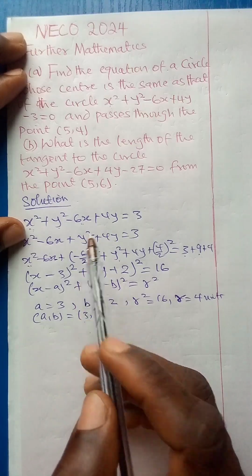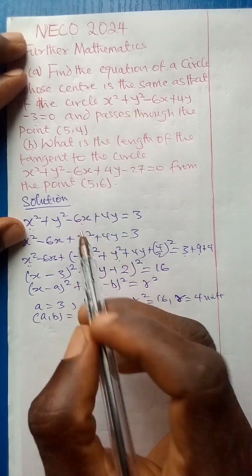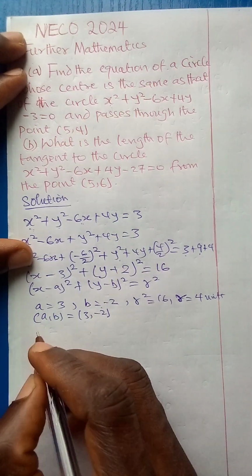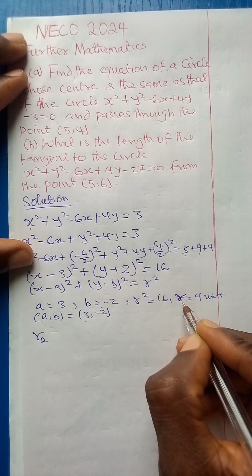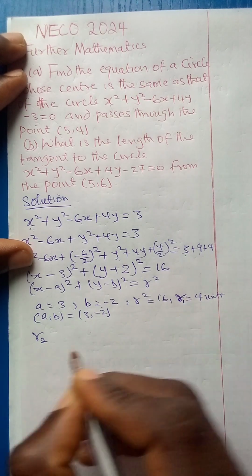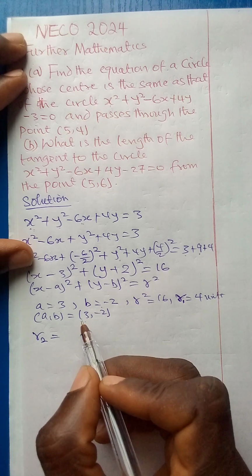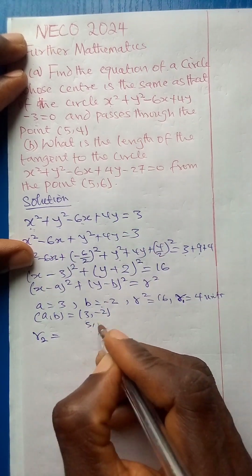We now need to find the radius of the other circle. For us to do that, we are going to find the length of the radius. Now, let's call the other circle R2, while this original circle is R1. Now, we are using the distance between 2 points. We are working between the center point and this other point, which is 5, 4.